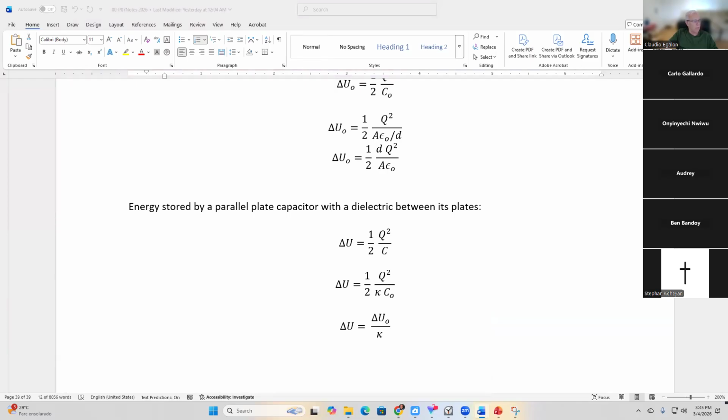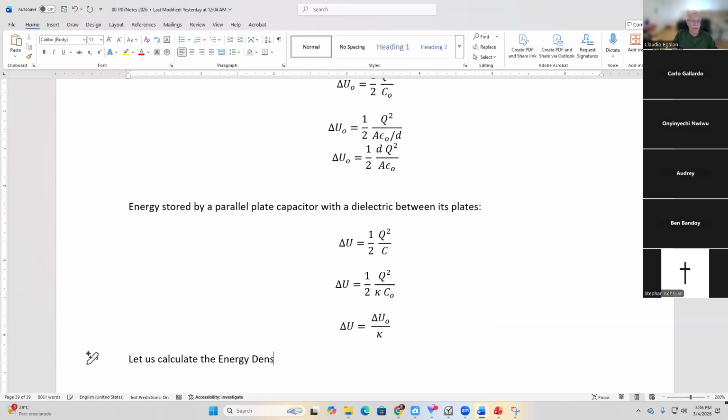Now we're going to do something else. Let us calculate the energy density, or energy per unit of volume, of the capacitor. Okay, so here you go. We want the energy per unit of volume.